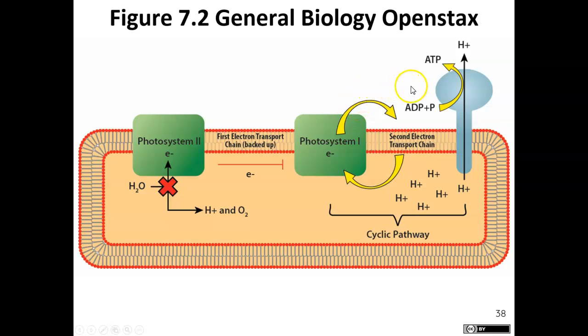This causes the electron to jump and move into an electron transport chain. Hydrogen ions are pumped across the membrane. They move across the ATP synthase molecule. And when that happens, ATP is produced, and then the electrons, lower in energy, move back to photosystem 1. So that's a cyclic pathway.